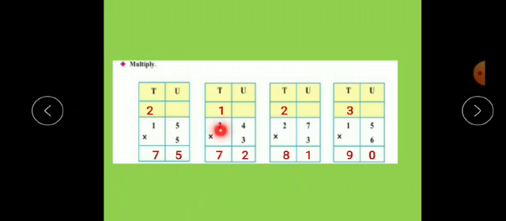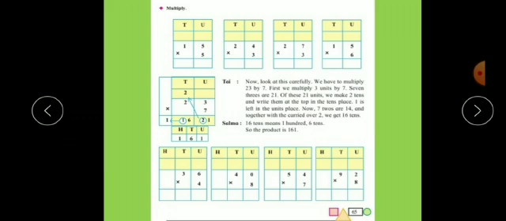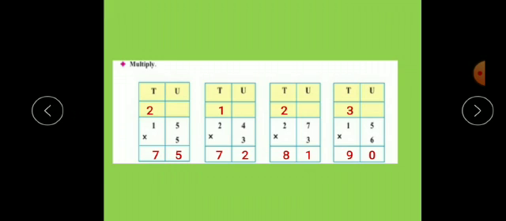Then next, 24 multiplied by 3. 4 threes are 12. So 2 here, 1 is carrying over to the next place. After that 3 twos are 6, 6 plus 1 we get 7. In this way you have to solve all these examples, and after solving you can check your answers from here.